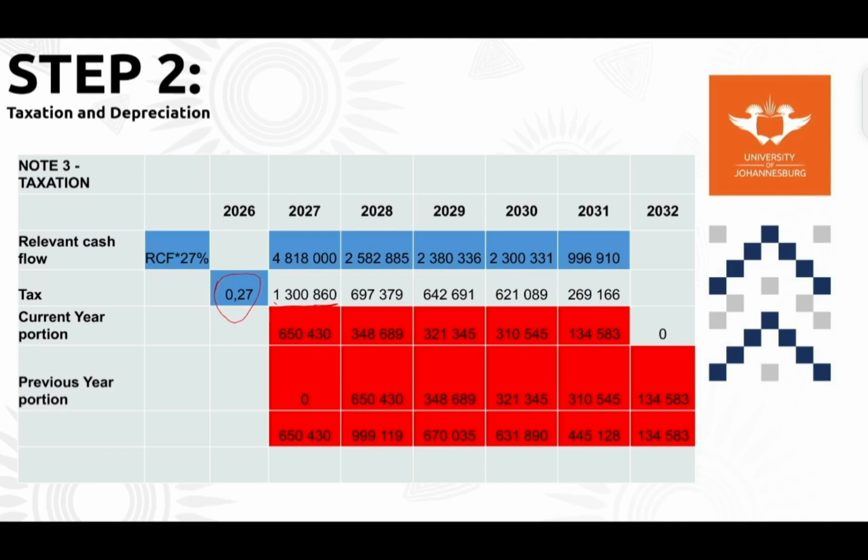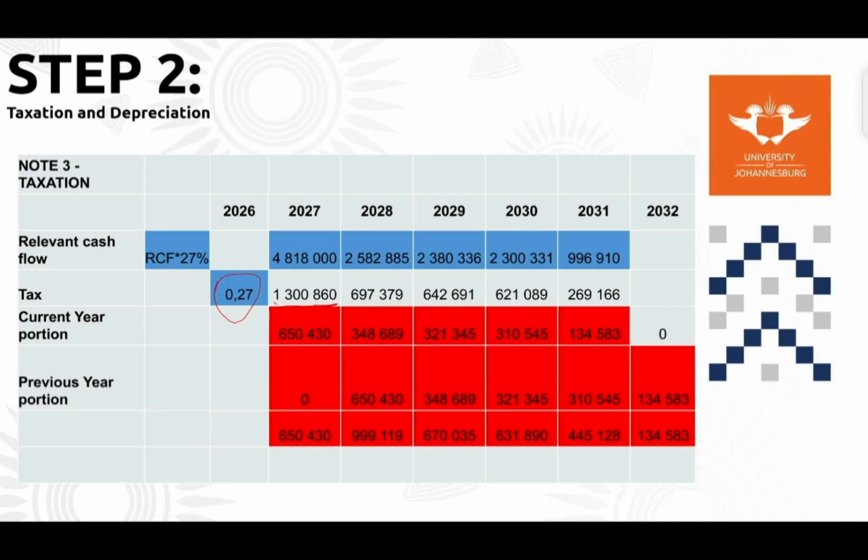So you're going to take your 1.3 million and 860 divided by 2, you will get 650, 430, and then that is your current year tax that you have to pay, right? Which would then be in red because it's money going out, right? And then previous year is going to be 0, obviously, because it just started, right?